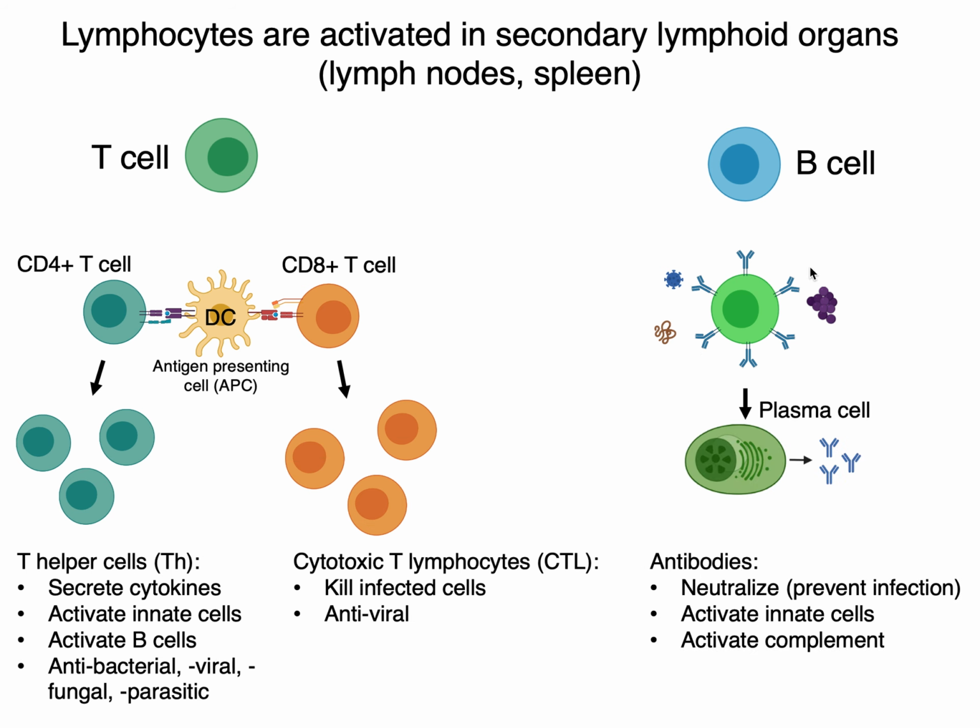And when B cells get activated by antigens, they become plasma cells that secrete antibodies. And these antibodies, which we'll learn more about in subsequent tutorials, are very important molecules that can neutralize pathogens and prevent them from infecting. So an antibody can bind to the surface of a virus, for example, and prevent that virus from infecting its target cell.